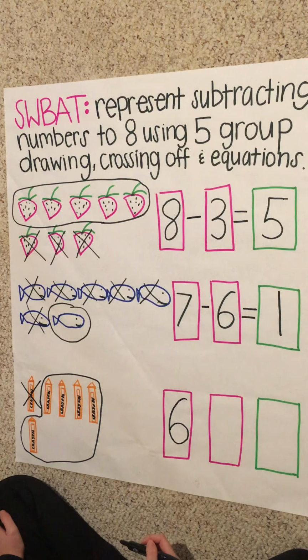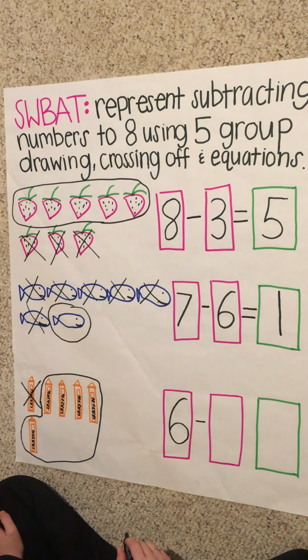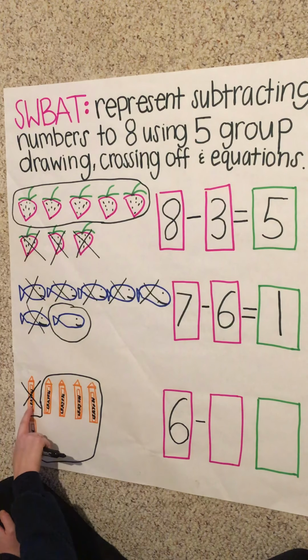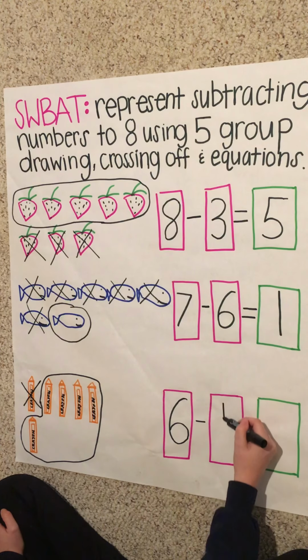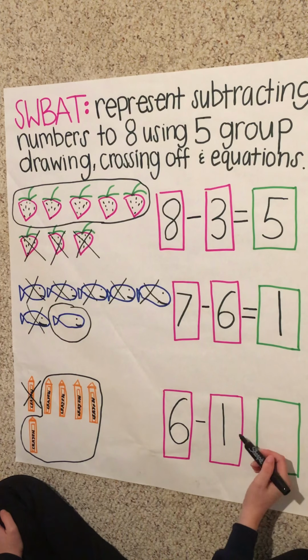What's our sign to show that we're taking away or subtracting? A minus sign. And how many did I give away to my sister? We can look at our picture to tell. 1. Now how many did I have left? 5. And we put our what sign to show how many we have left? Our equal sign.